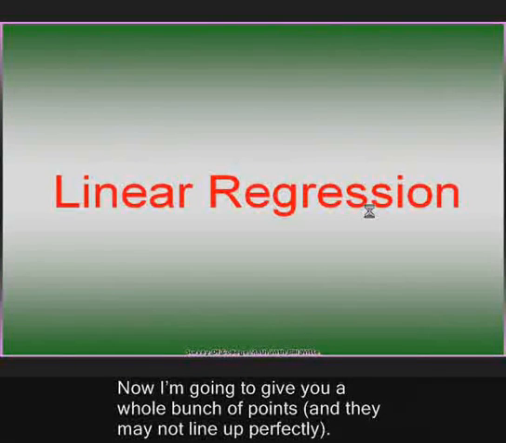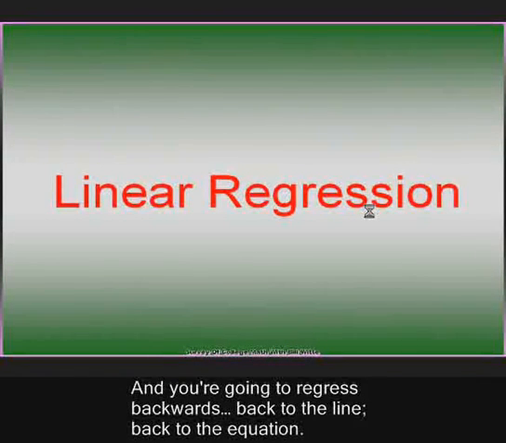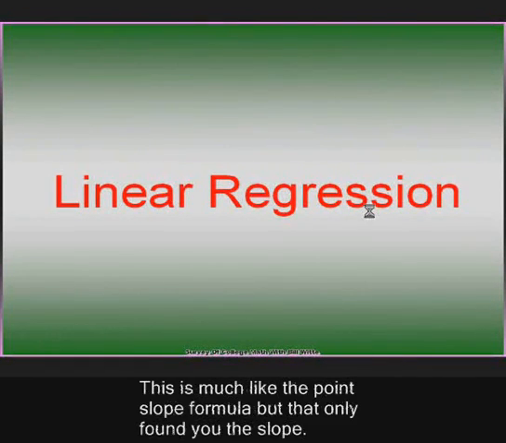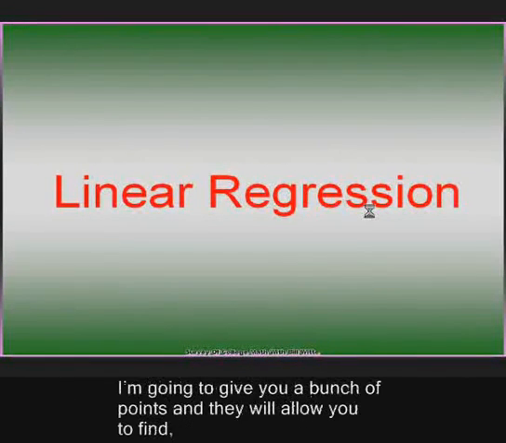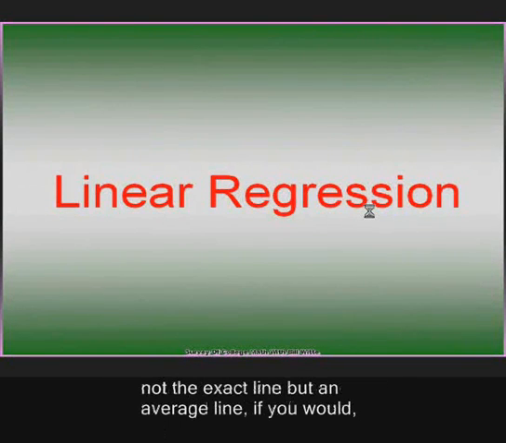Now, I'm going to give you a whole bunch of points, and they're not going to line up exactly. And you're going to regress, you're going to go backwards, back to the line. Much like the point-slope formula, but that only found you the slope. I'm going to give you a bunch of points, and they're going to allow you to find not the exact line, but an average line.